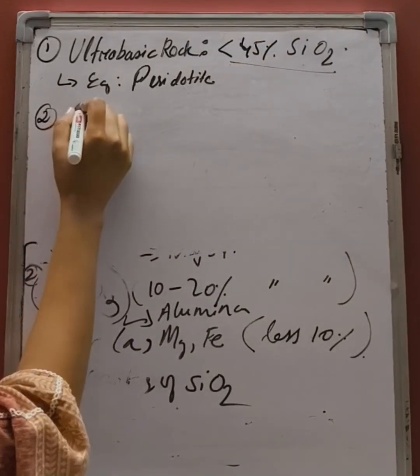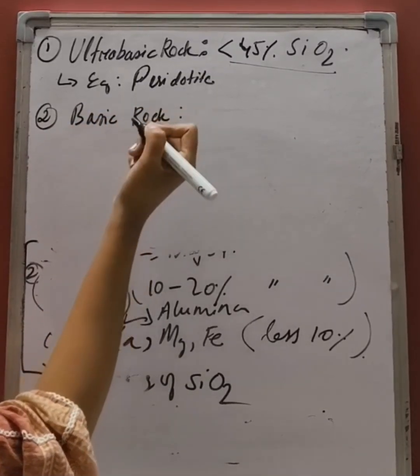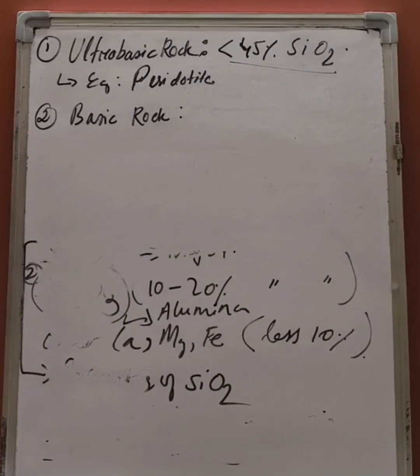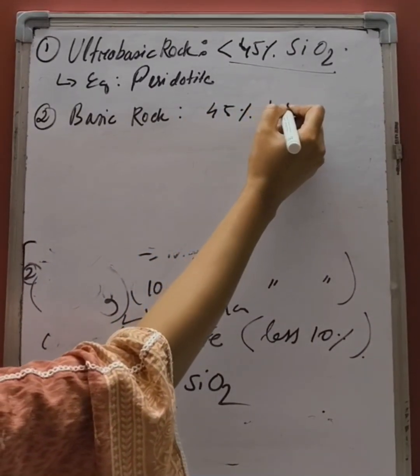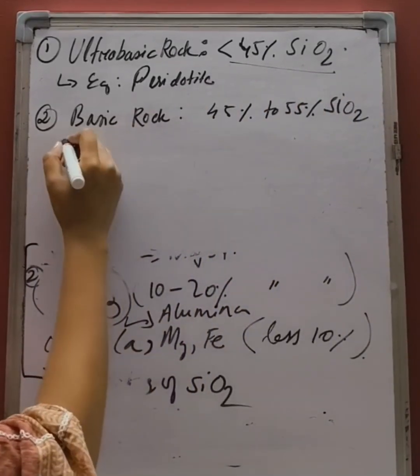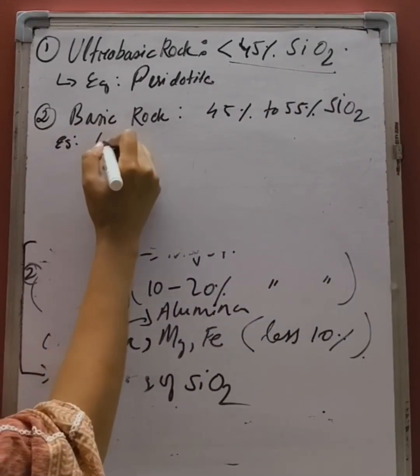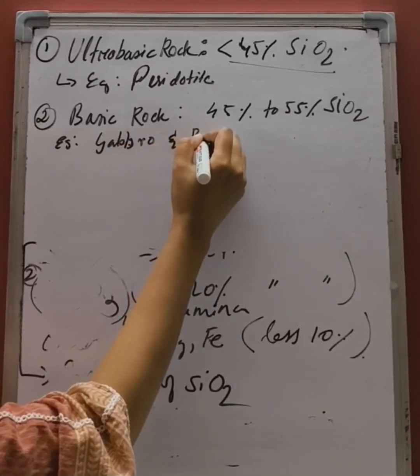Next comes the basic rock, or basic igneous rock. This contains silica between 45 to 55% SiO2. Examples are gabbro and basalt.